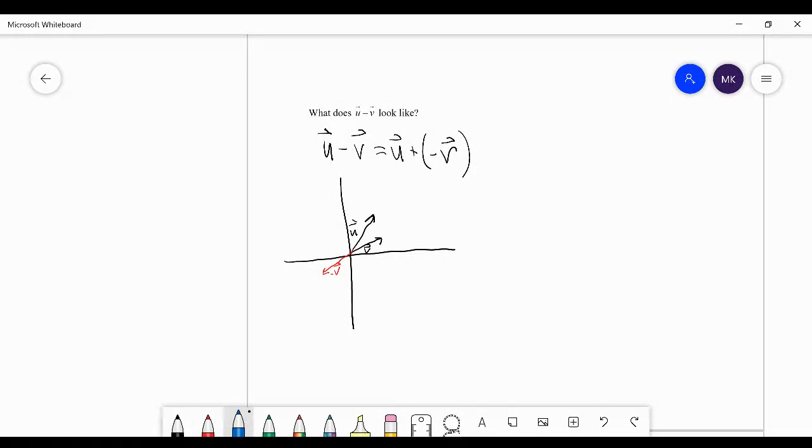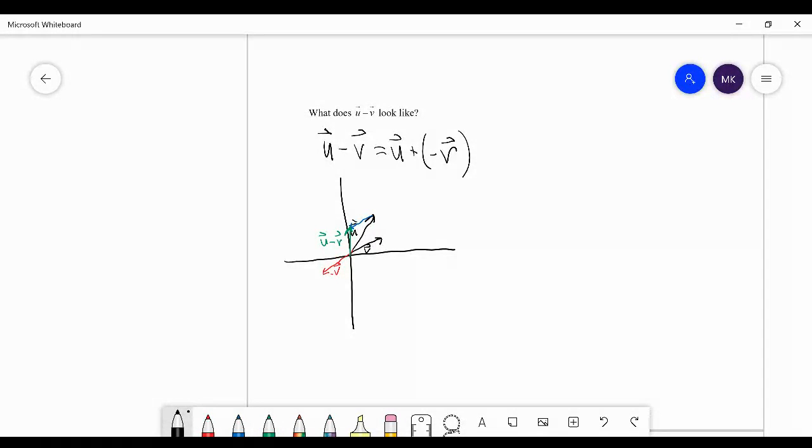So if I add these two together, again, we're just thinking of the stick, we move it. I take this vector v, I attach it here, and I go to about here, giving me this resulting vector, which is the vector of u minus v.